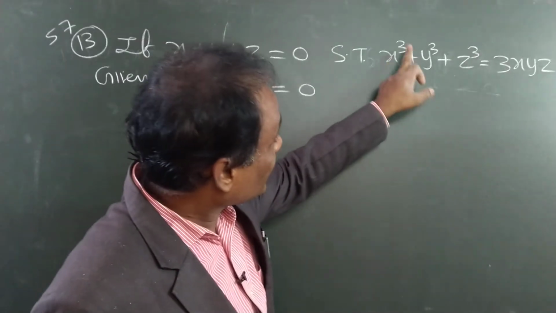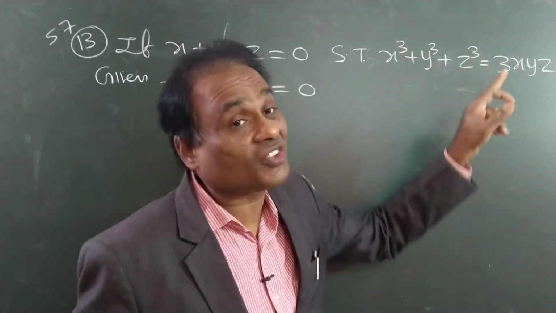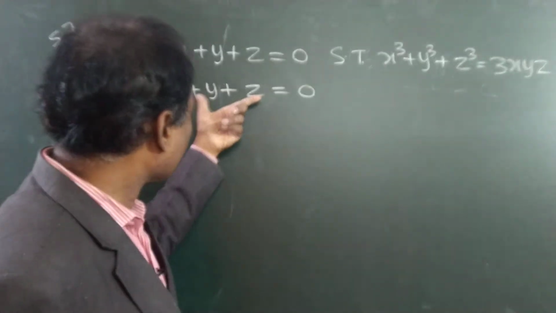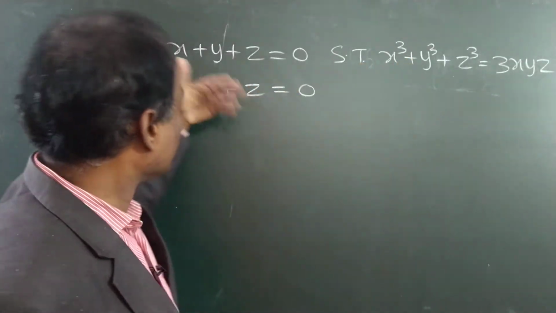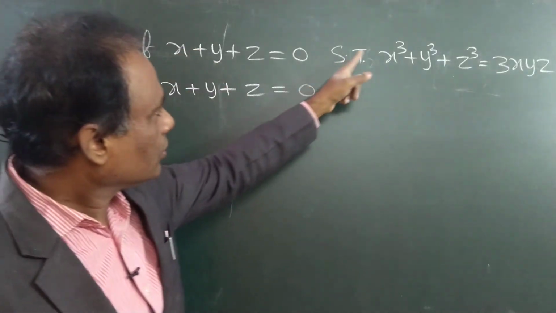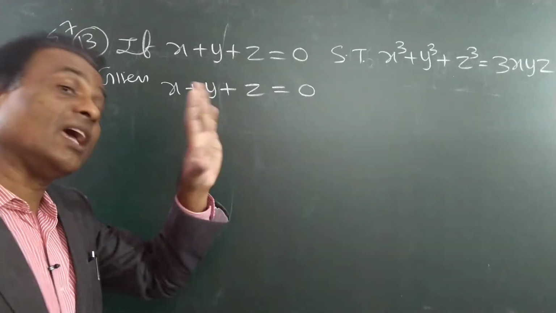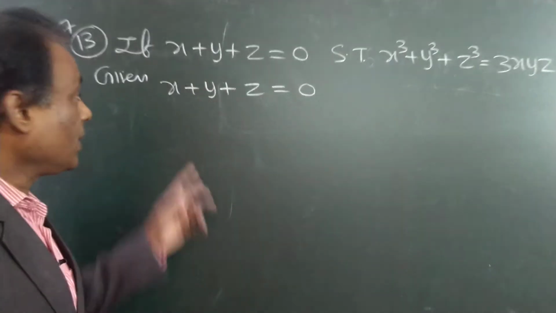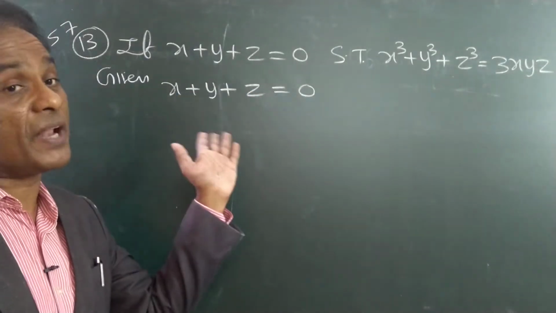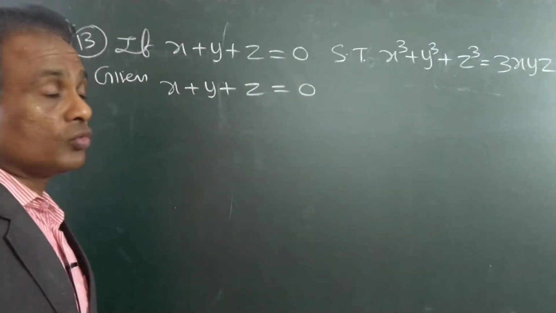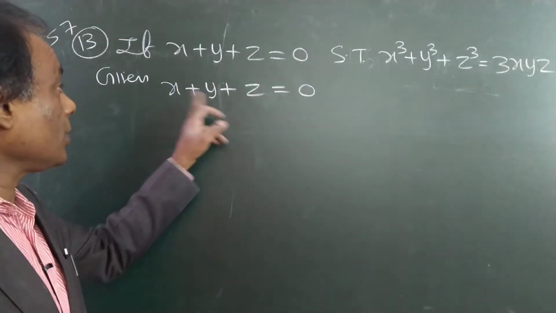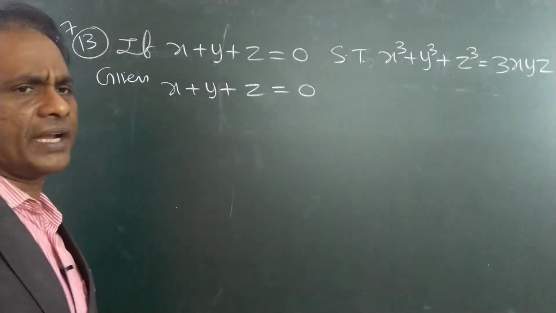The question consists of cubes. So from this, how to get these? So that means we have to cube. We know a plus b whole cube formula, but we don't know a plus b plus c whole cube. So as it is, if you keep and expand the cube, that will be complicated.